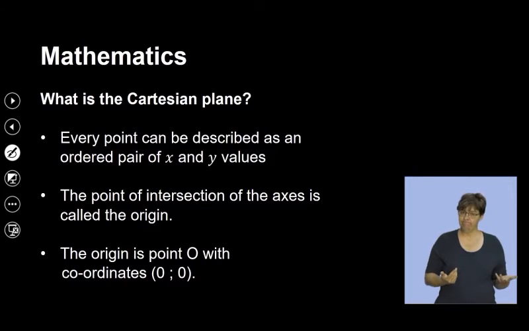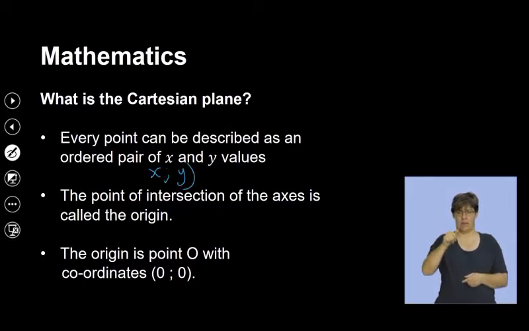Now, every point can be described as an ordered pair, right? When I talk about an ordered pair, remember we're talking about x and y, right? And I know most of you will say x comma y. Please, it's x semicolon y, because remember the semicolon in language terms means and.